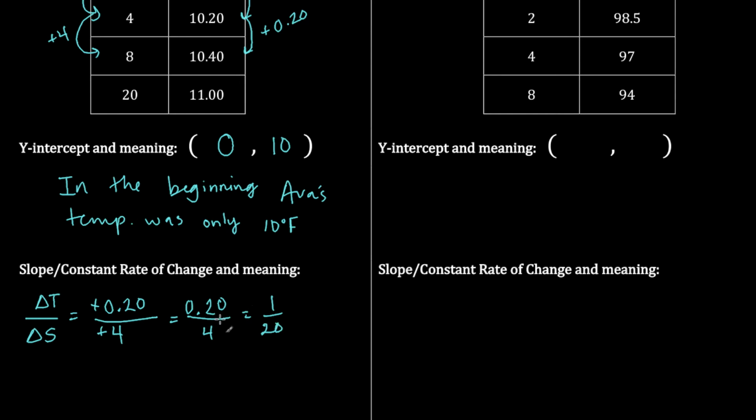Because the whole point is we don't care for this decimal. I want you to put it in regular fraction form, reduced fraction form. And 1/20th, when you do it in your calculators, is 0.05.